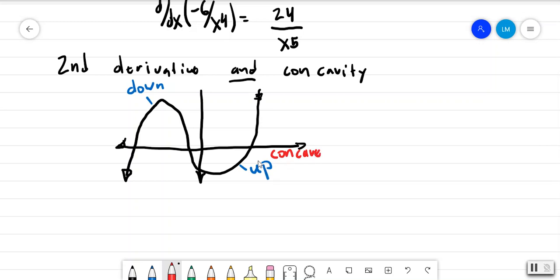So concave up and concave down. That's really just giving us the shape of the graph. You can see based on this little sketch that somewhere right about here is where the concavity changes. What we call that in this case is an inflection point.